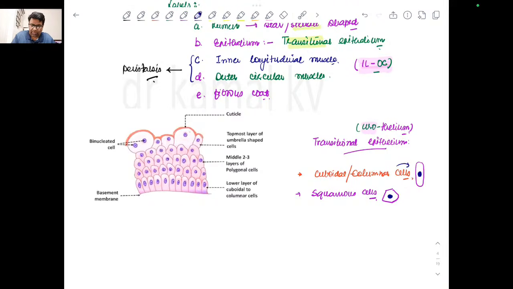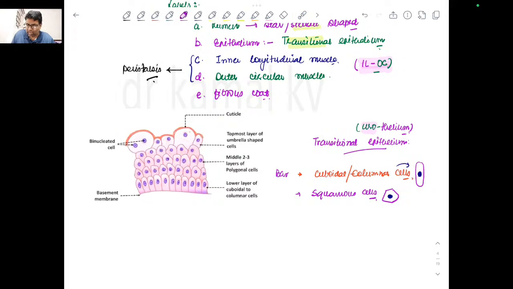So here we have both kinds of cells. In the basal area, we can see these are the columnar cells, having nuclei in each of the cells. So therefore there is no concept of pseudo stratification here. And then as we go upward, we will see polygonal cells which look like squamous cells. So these are two things, right?